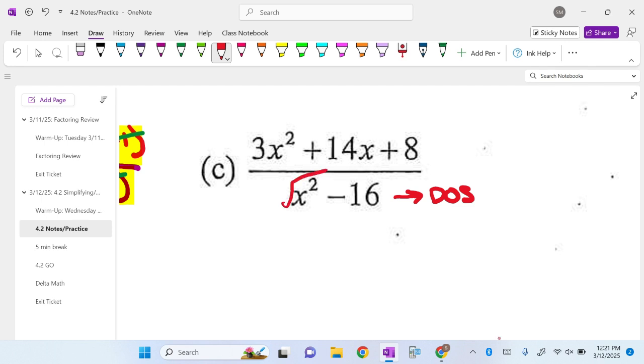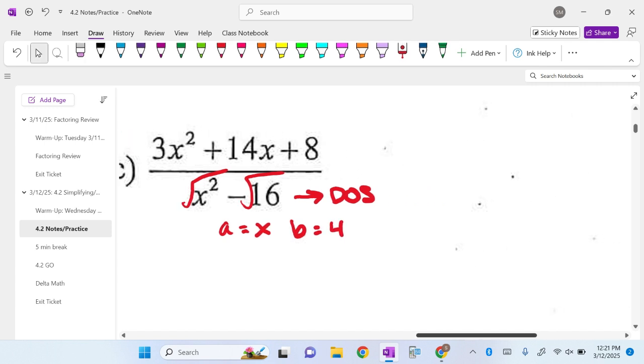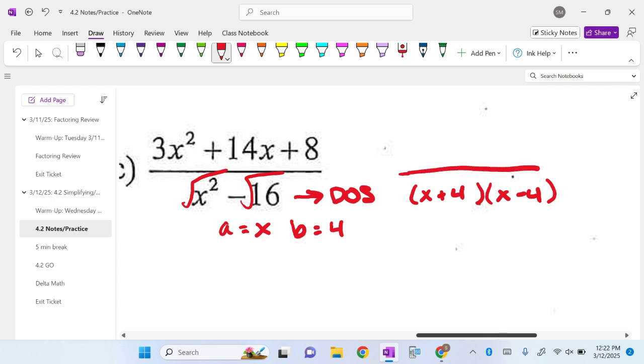Square root both to get a and b. What's the square root of x squared? X. Square root of 16. 4. So what is x squared minus 16 factored to? X plus 4, x minus 4. All right, so that's the denominator.